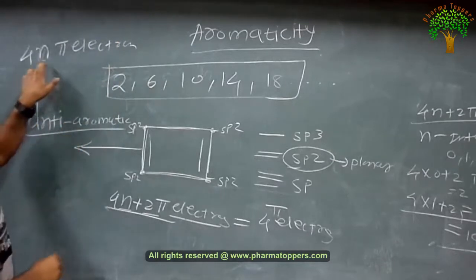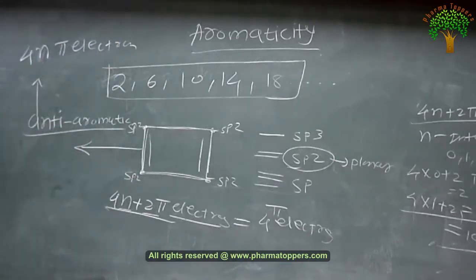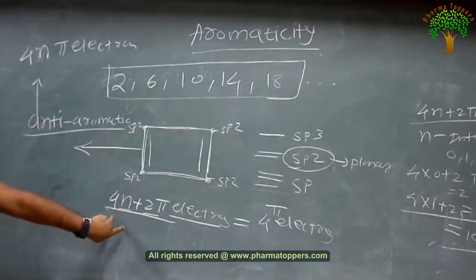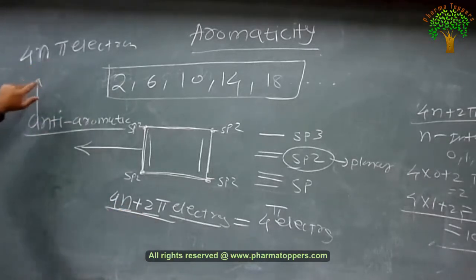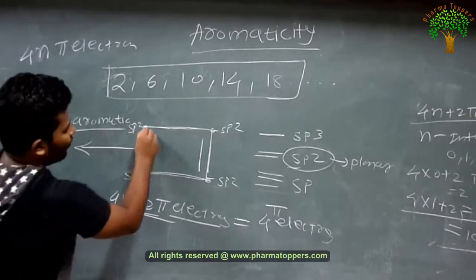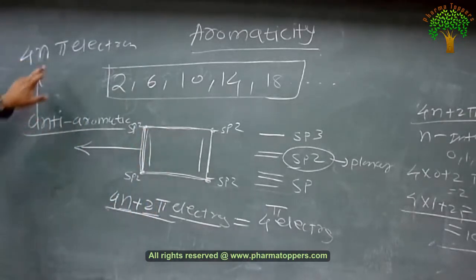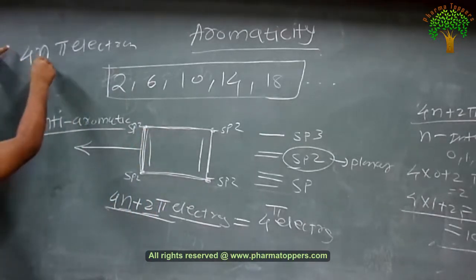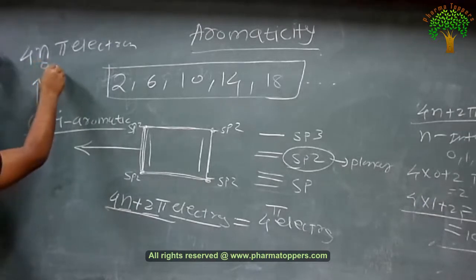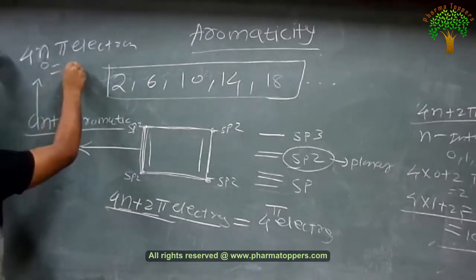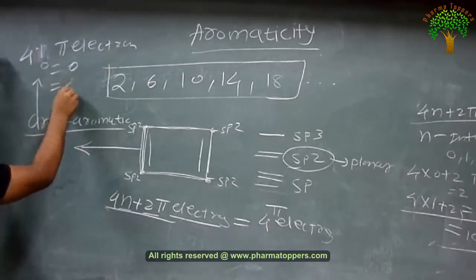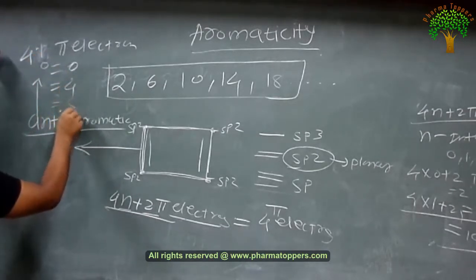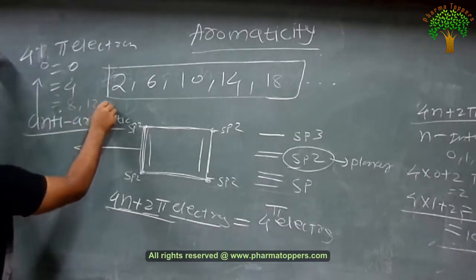What is the 4n pi electron rule? Simply, Huckel describes the 4n plus 2 pi electron rule, but in case of anti-aromaticity, the structure obeys the 4n pi electron rule. If you place 0 in this case, we get 0 electrons. Then suppose we place 1, we get 4 electrons. Subsequently we get 8, 12, 16.